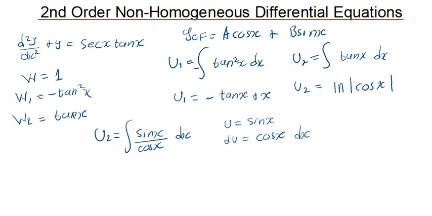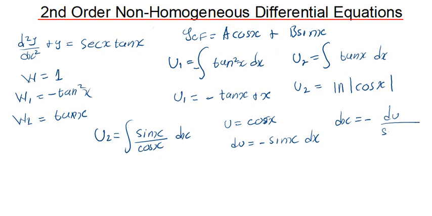Not really. Let me let my u be equals to cos x and see if it works out. So du is going to be equals to minus sine x dx. So meaning my dx is going to be equals to minus du over sine x.